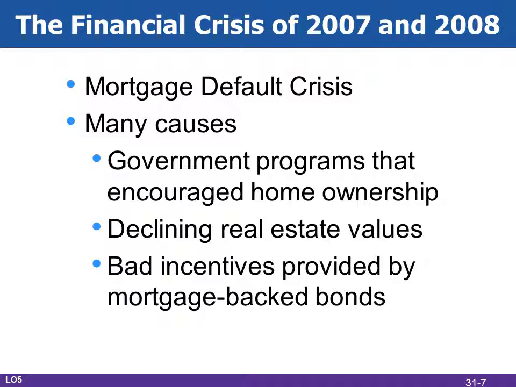So if you defaulted, the bank simply took over your house, and they weren't in such a bad position because the home itself was worth more than what was owed. The bank still had to go through the process of cleaning up and selling, so they didn't really want to get into that. They're a financial institution, not a real estate company. But either way, the banks weren't subjected to a great deal of risk.